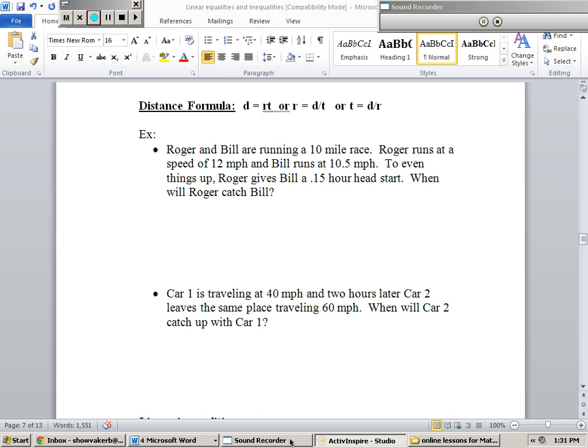They're both running a 10-mile race. Okay, so we need to know when each of them gets to 10 miles. Roger runs at 12 miles per hour, and Bill runs at 10.5 miles per hour. So we have 10 miles at 12 miles per hour, and we have 10 miles at 10.5 miles per hour.